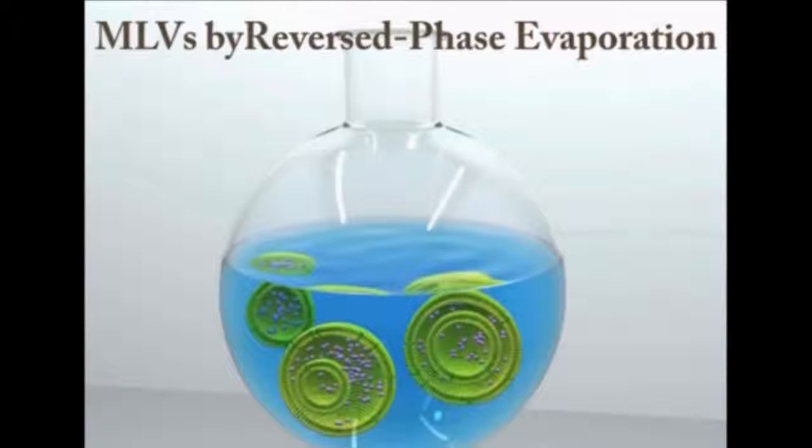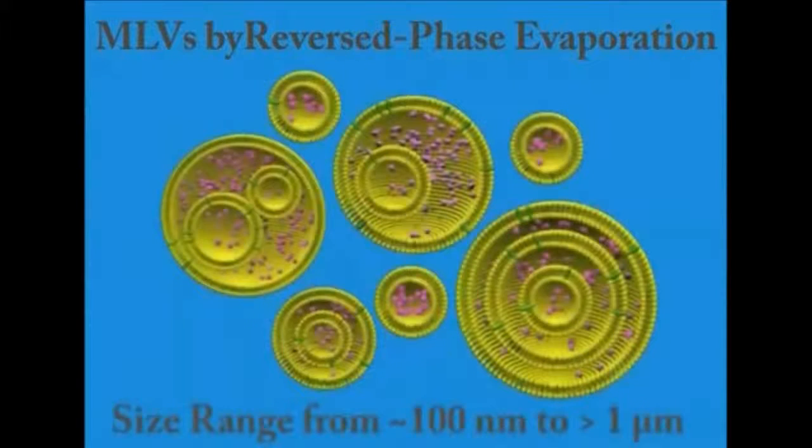The organic solvent is evaporated from this emulsion, forcing the lipid into the aqueous phase, where it organizes into bilayers and forms liposomes. Additional aqueous phase is added in order to complete the liposome preparation.